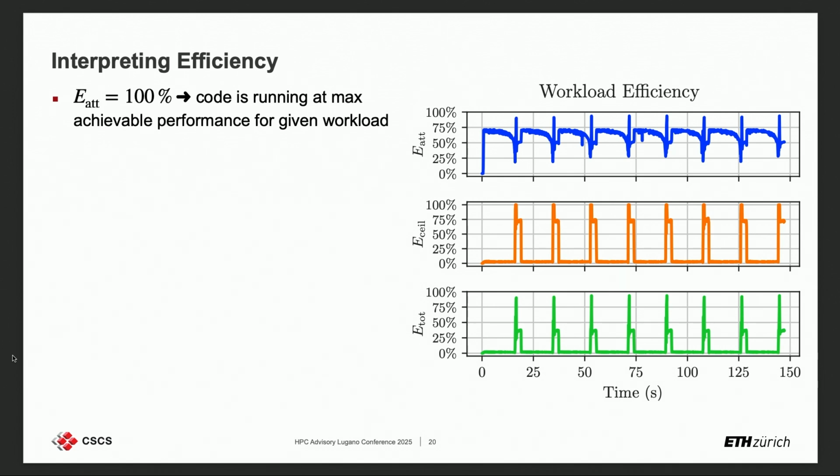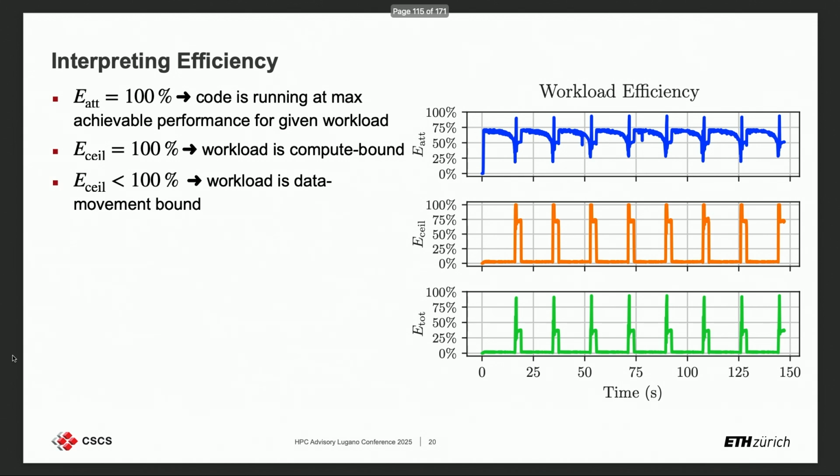So your code is well optimized. On the other hand, if you have a ceiling efficiency of 100%, it means that your workload is essentially compute bound. And the more you get away from 100%, the more your workload becomes data movement bound. If you have a ceiling efficiency of less than 100%, then your workload is data movement bound.